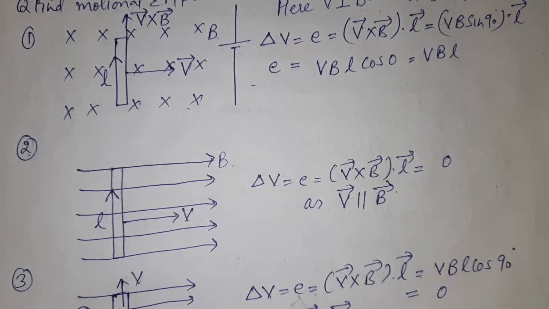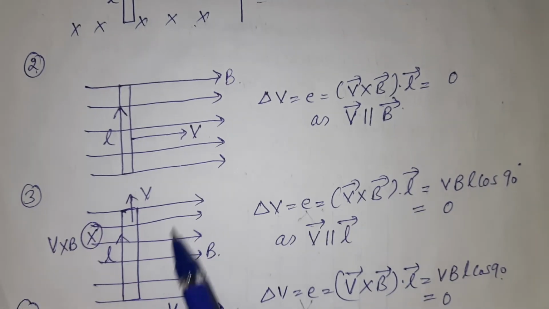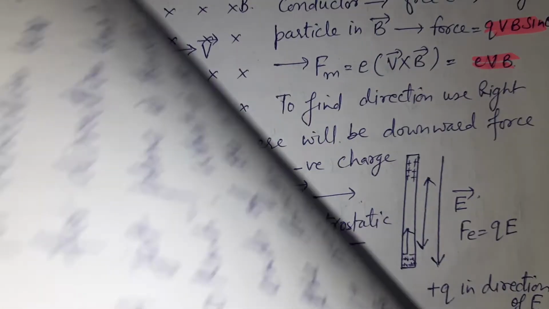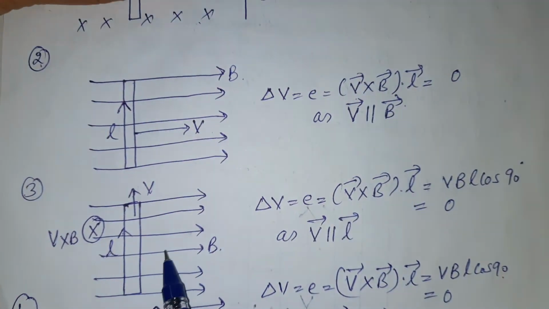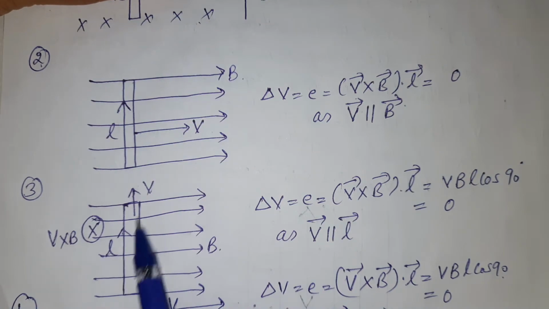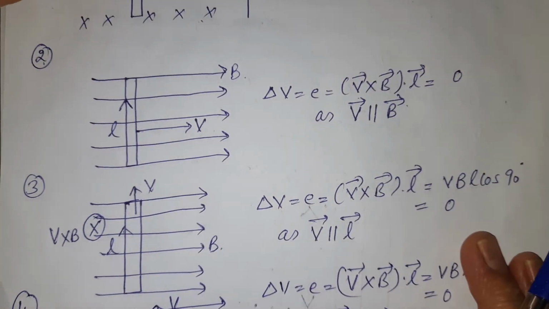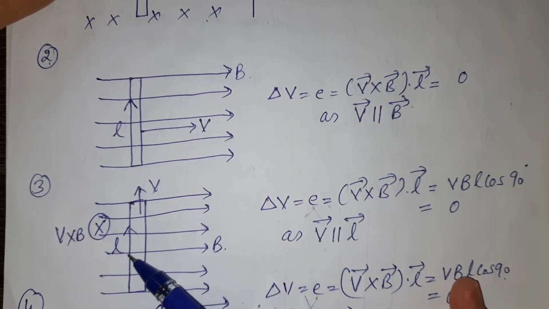Third case: here again the magnetic field is on this side, and V is on this side. Now in this case, V and B are perpendicular, but velocity and length are parallel.